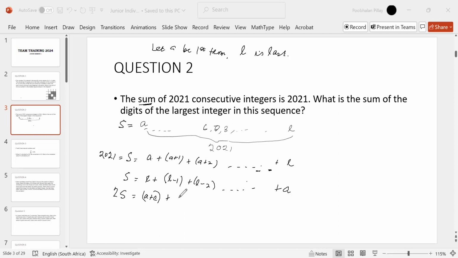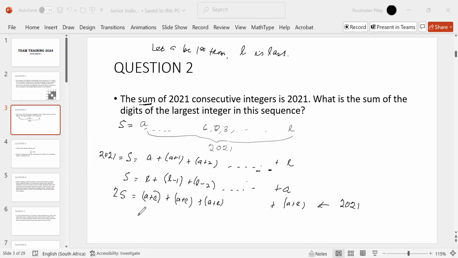So A plus L remains, right? And here, when you add these, you get A plus L plus 0. Again, you've got A plus L. So interestingly, you got the same number, even at the end, right? Which is repeated 2021 times, because there are 2021 numbers altogether here.